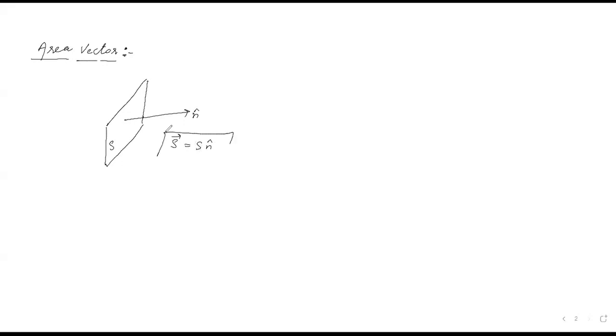So please note it down and write here the direction is outward normal. This is your area vector.